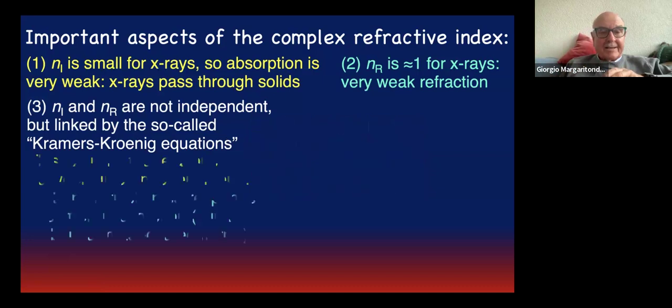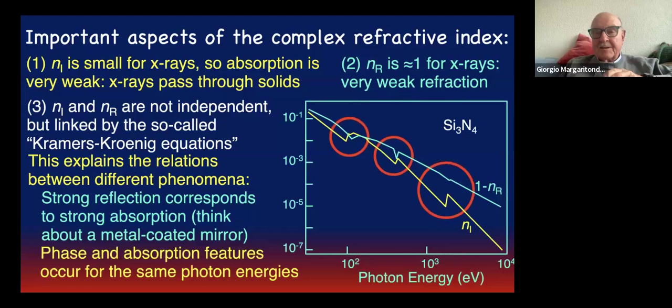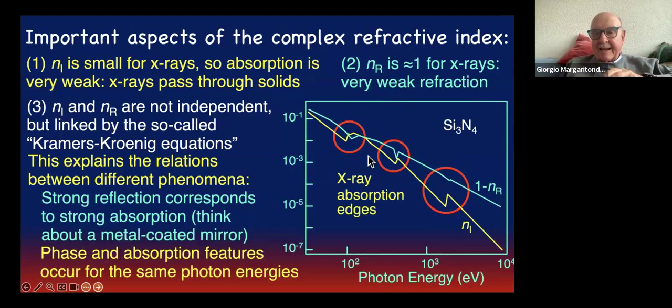In fact, you can see that in everyday life. If you want to build a mirror, you want to have reflection, but you also get absorption. In fact, you don't take just a glass, you get a metal coating in order to get absorption. So the two things are related. And in general terms, if you take a plot of the two parts of the refractive index as a function of the photon energy, you find that if something happens to one, then something is happening also to the other. These are the general properties.